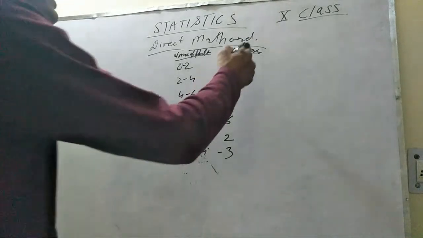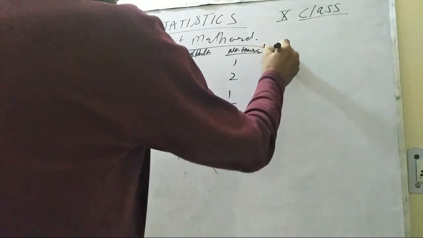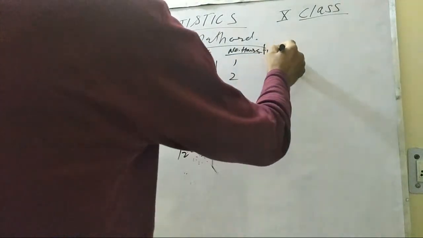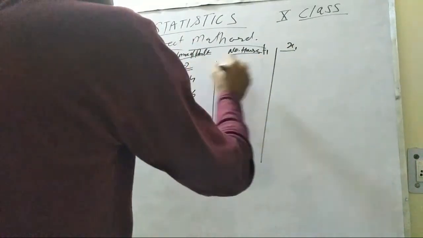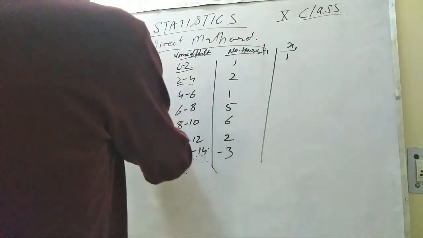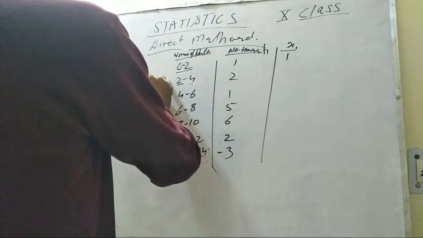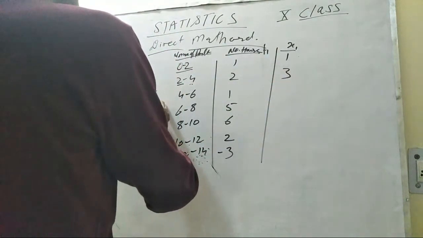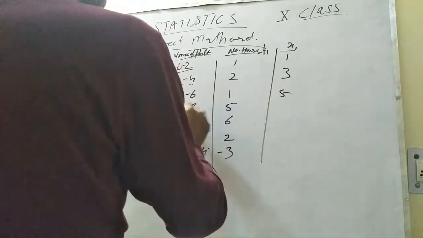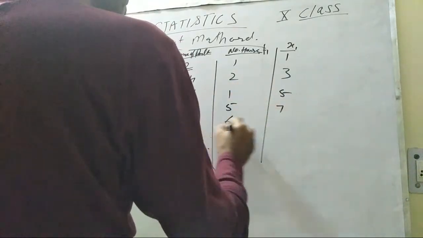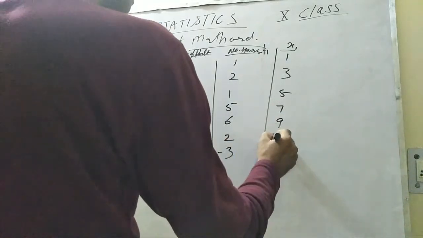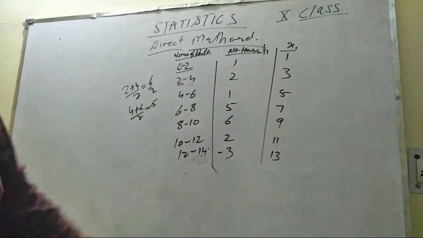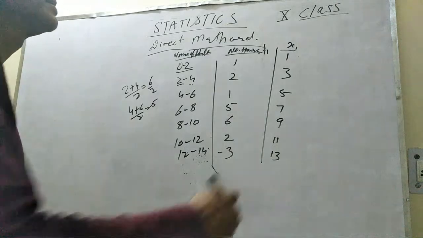This is the frequency, this is f1, and x1 will be: 0 plus 2 divided by 2 is 1, 2 plus 4 divided by 2 is 3, 4 plus 6 divided by 2 is 5, then 7, 9, 11, 13. This is equal to the class mark.